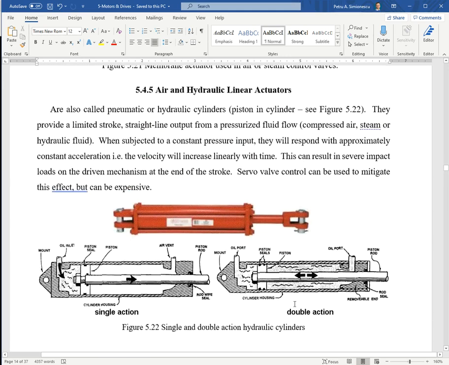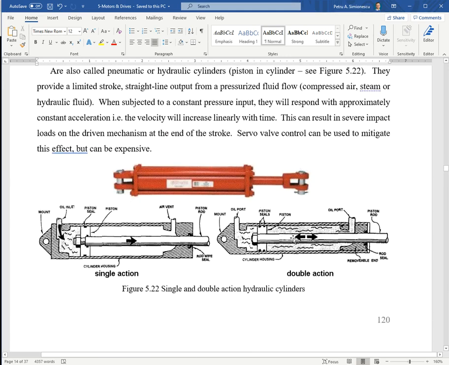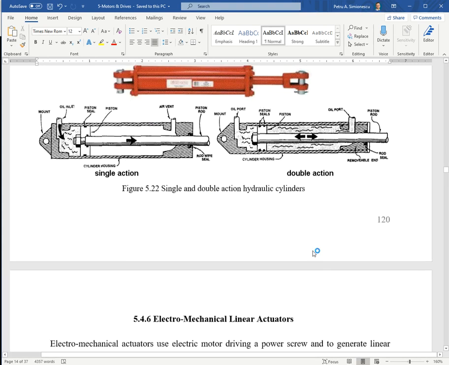The rod could also be a through rod. You see them in the hydrostatic steering of some vehicles, or boats.